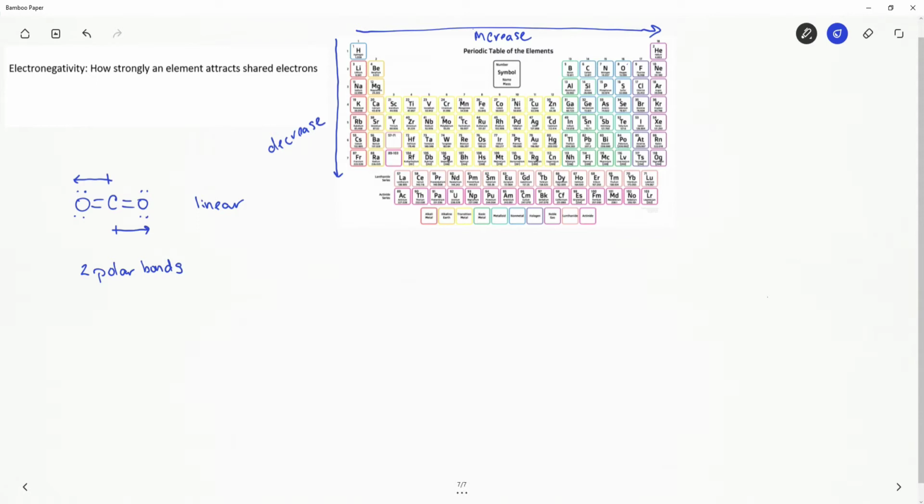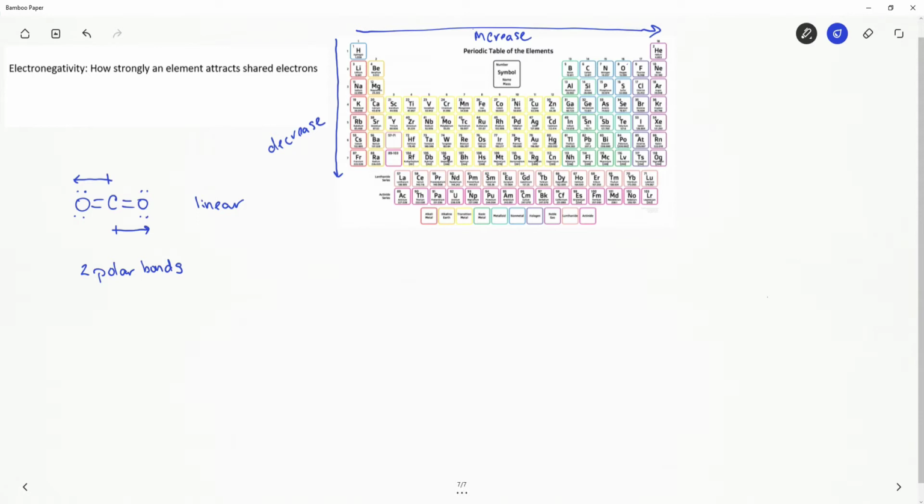Now, once we are dealing with a molecule that has more than one polar bond, our next question is: is the molecule overall polar, or does it have an overall dipole moment? To answer that question, we need to take a look at our polar bonds and add them up very similarly to how you would do vector addition. But don't panic, you don't need physics to determine if these are polar molecules or not.